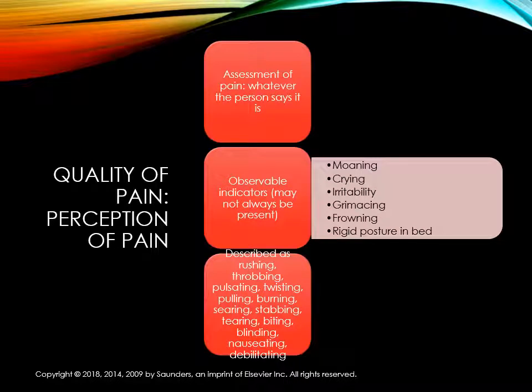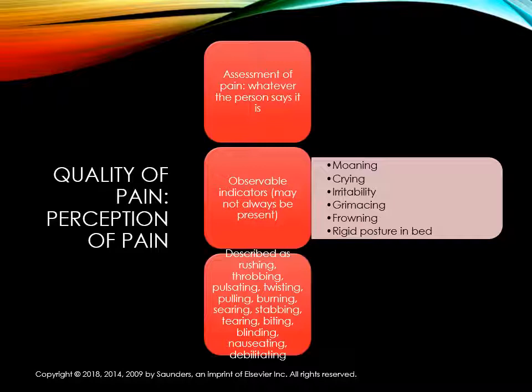Quality of pain and perception of pain. One of the most difficult aspects of pain management is the assessment of pain and the evaluation of the effectiveness of interventions. Assessment of pain is whatever the patient says it is.